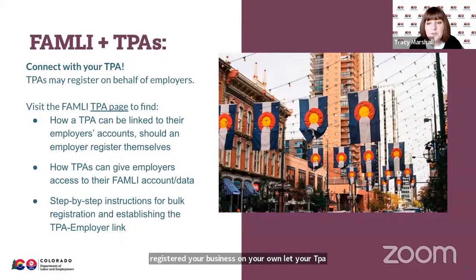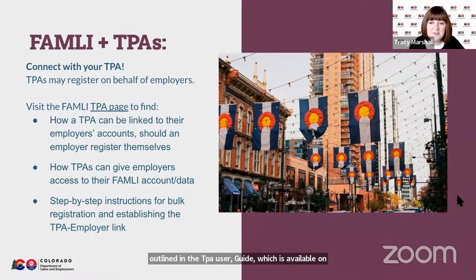Your TPA will be able to create the proper TPA and employer relationship in My Family Plus Employer by bulk filing and referencing your business. This TPA employer relationship needs to be established so that your TPA can submit wage data and premium payments on behalf of your business. All of this is outlined in the TPA user guide, which is available on our website.